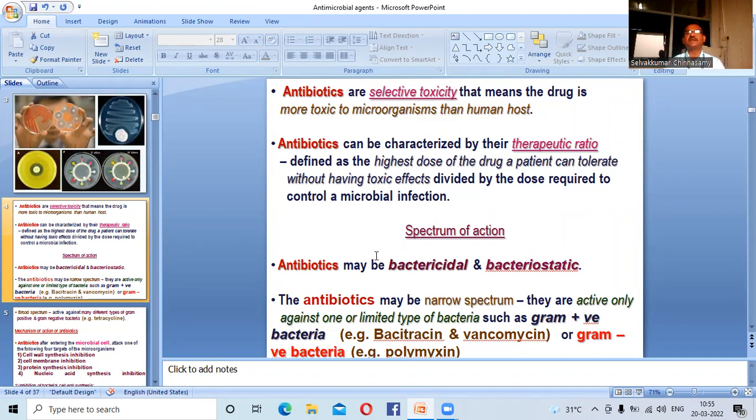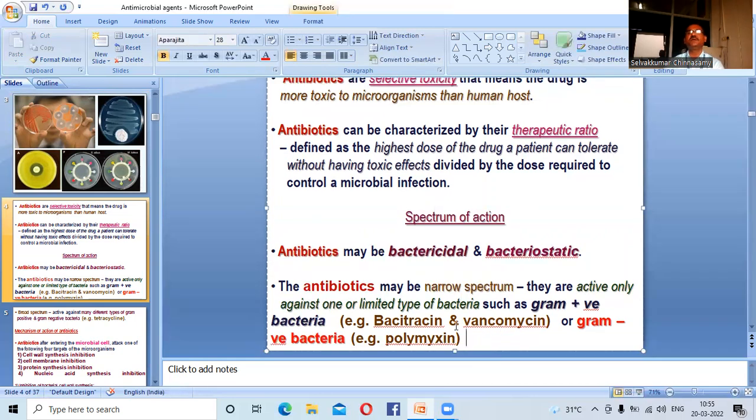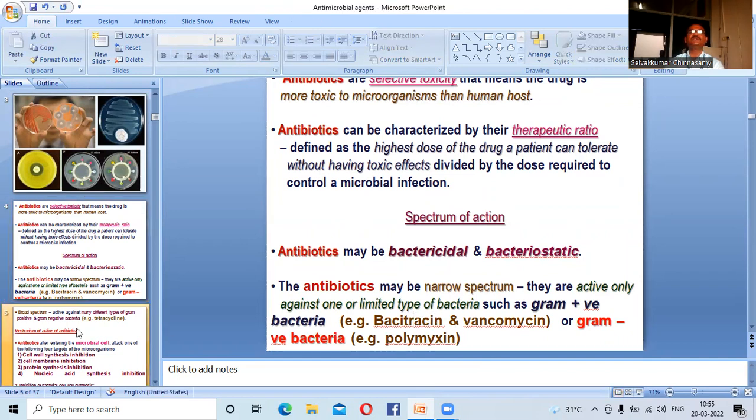For example, one acts only on gram positive and doesn't act on gram negative. Some antibiotics act only on gram negative bacteria, for example polymyxin. Only on gram positive bacteria are bacitracin and vancomycin.